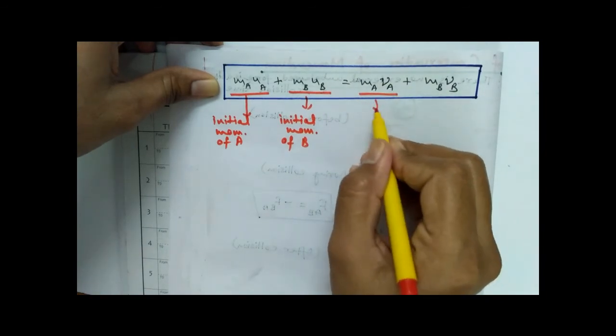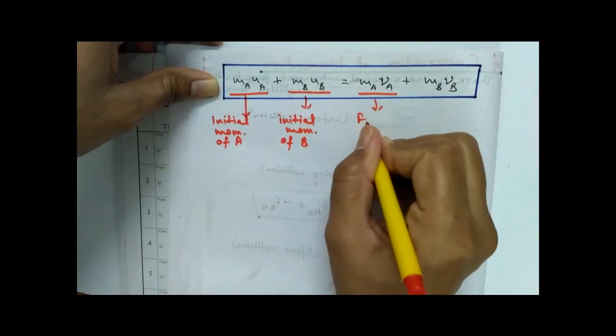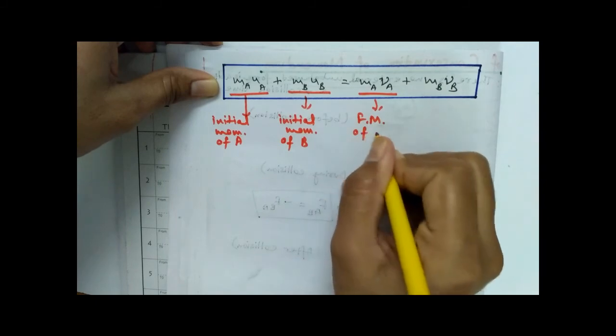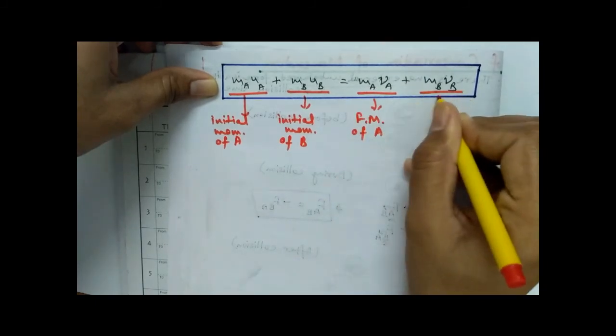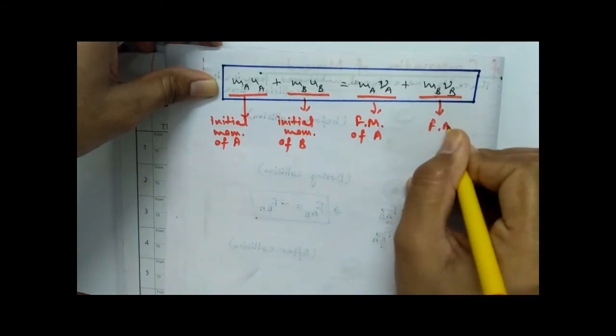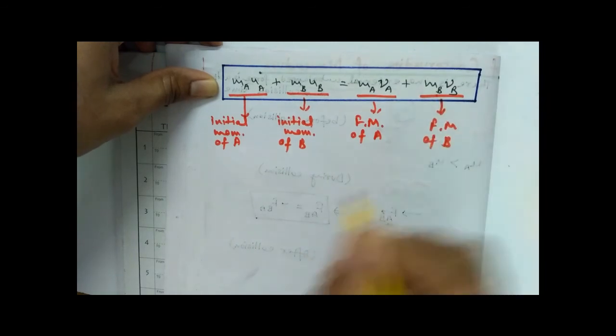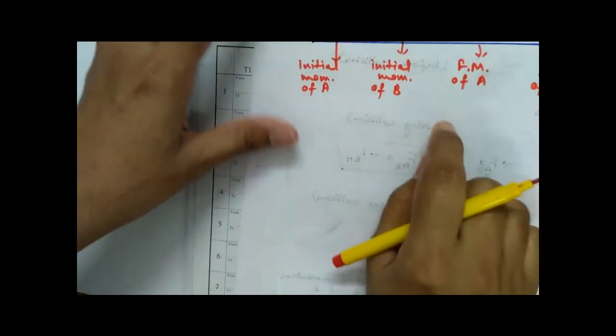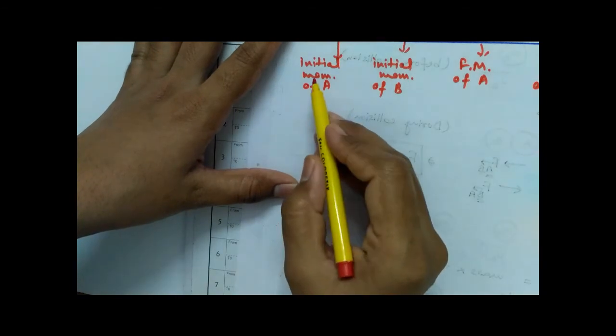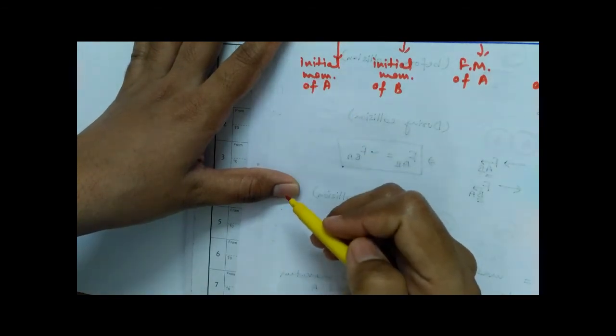This is the final momentum of a, and this is the final momentum of b. So can I write, since I know that momentum is a singular word and the plural of momentum is what? Momenta.